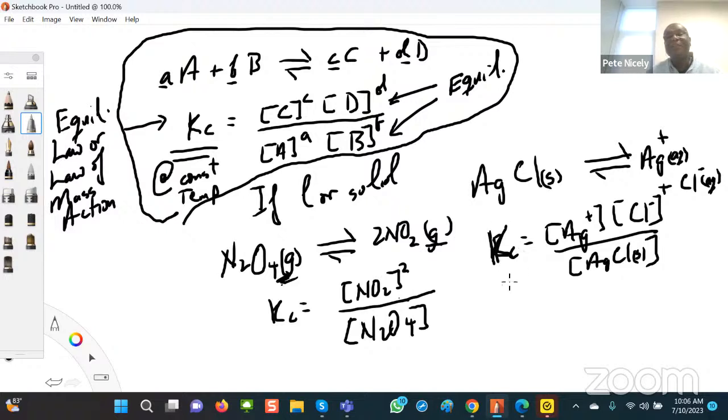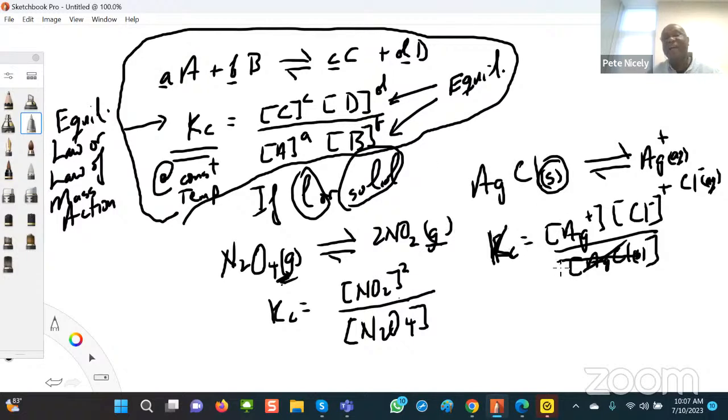However, in this particular case, since we have a solid here, as I said before, we're talking about whether or not there's a solid or a liquid. Because silver chloride exists as a solid in this system, we completely ignore it. The argument behind that is that solids and liquids, as far as they are concerned, their concentrations are constant.